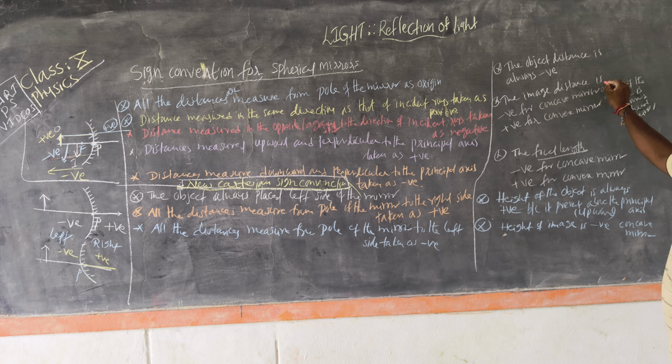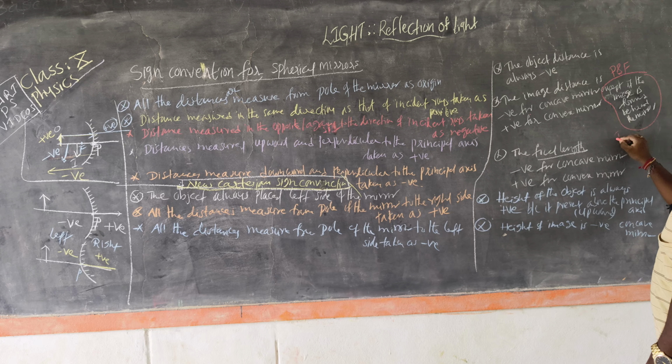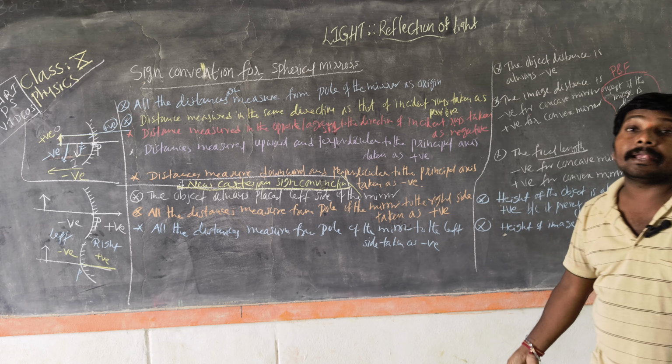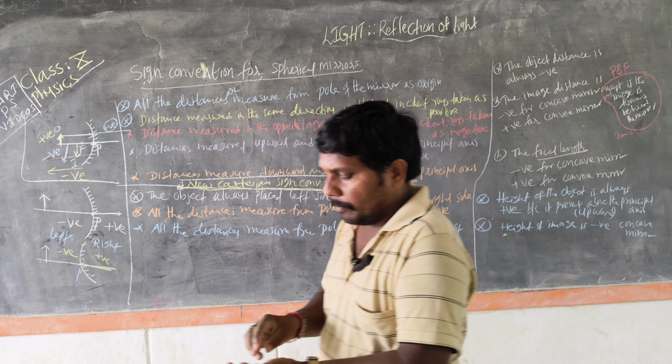The image distance is negative for a concave mirror except one case: if the object is placed between the pole and focus, then the image is formed behind the mirror.